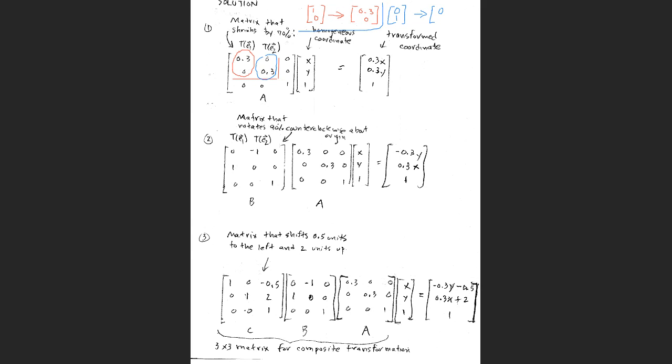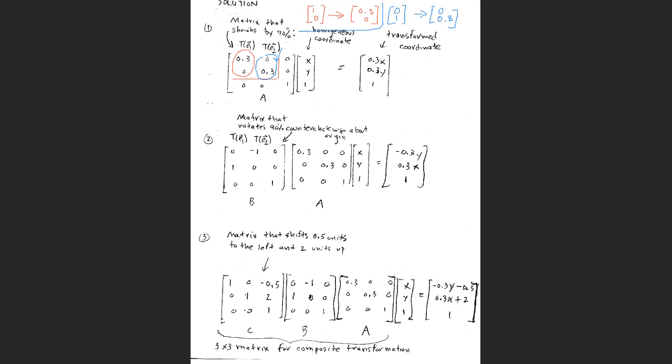So if you shrunk that point by 70%, or scaled it by 0.3, that point would get moved to 0, 0.3. And that's how we get the second part.